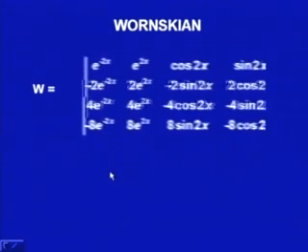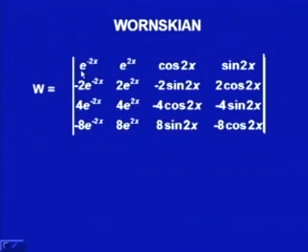Because there are 4 solutions, it will be a determinant of order 4, where the first row has all the solutions: e to the power minus 2x, e to the power 2x, cos 2x and sin 2x. The second row has the derivatives, then the third row is the derivative of the second row, and the fourth row is the derivative of the third row. So, we have this determinant.